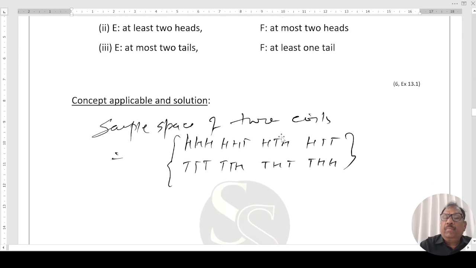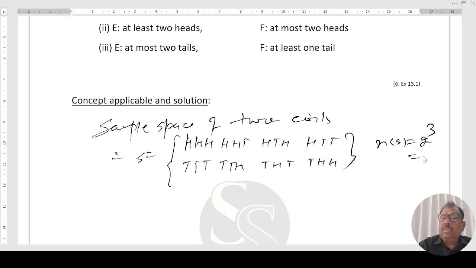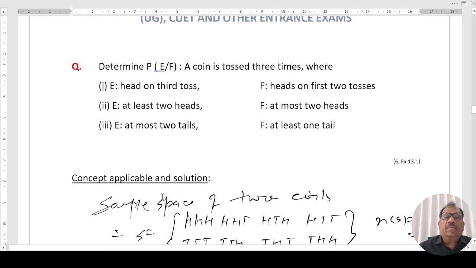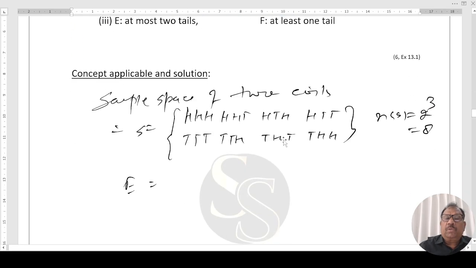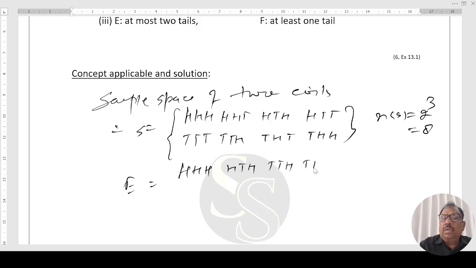Then E is the event. n(S) equal to 2 to the power 3, that is 8, the total sample space. E is the event, heads on third toss: HHH, HTH, THH, TTH. n(E) equal to 4.